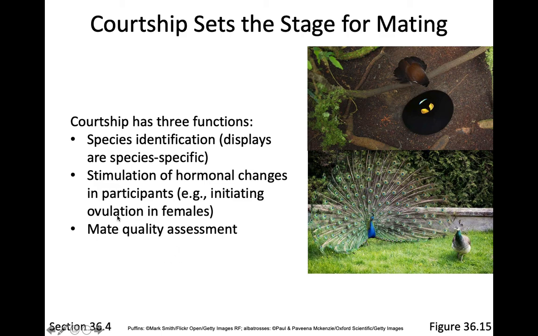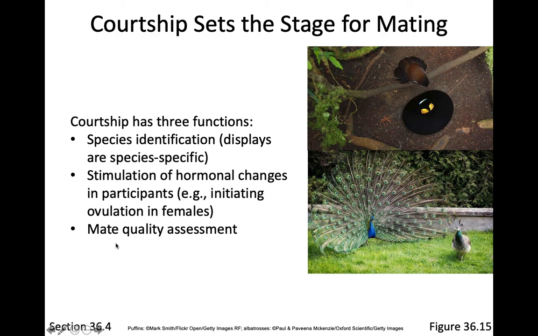And then the last one is, how well can your mate dance? If your mate is the same species as you, he dances okay. He dances the right dance. You're ready to mate, but he just doesn't dance very well. His dance was really lame. And the male right next to him has a much better dance. You're going to want to mate with the male with the better dance, because the male with the not so good dance is obviously not a very strong male.